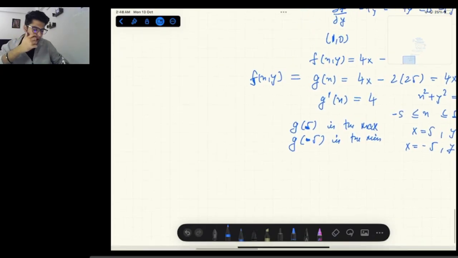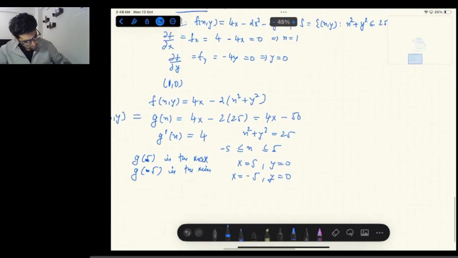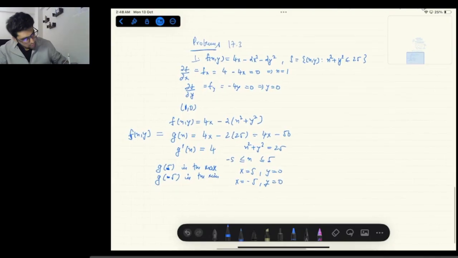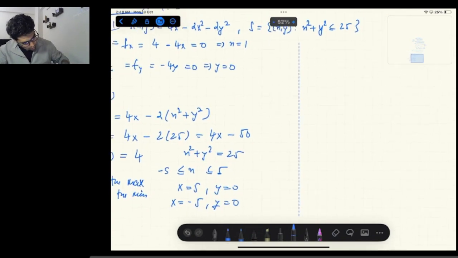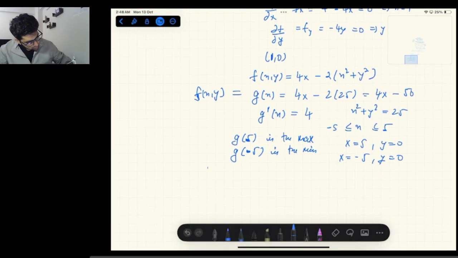So the next set of points that we have is f(5, 0), which is 4 × 5 - 50.